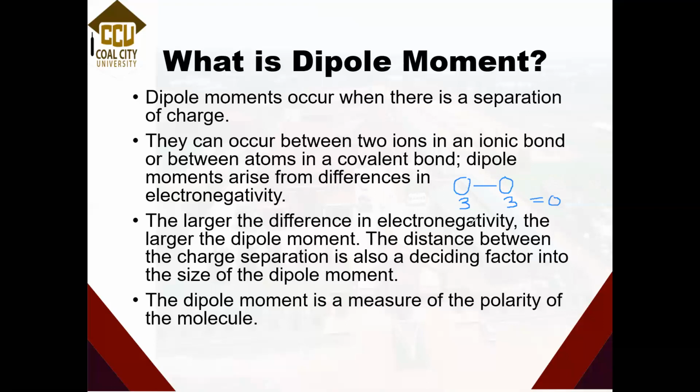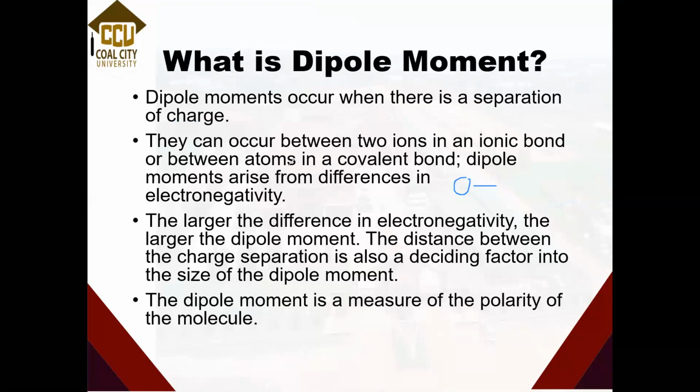Other examples of identical atoms with a covalent bond are nitrogen gas, N2, hydrogen gas, and oxygen gas, which is the example I've given. All those molecules will not have a dipole moment because they do not have electronegativity difference and they do not have what we call separation of charges.